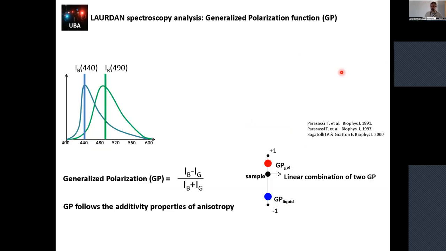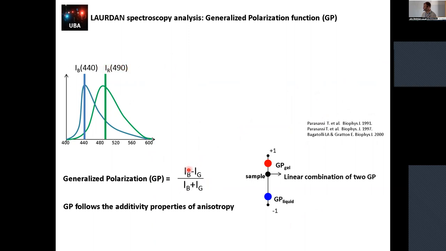Traditionally, for this analysis, it was proposed to use this function, which is the generalized polarization function. And in this approximation, we are not using polarization. We are using just two channels, two bands of the fluorescence, so 440 and 490.